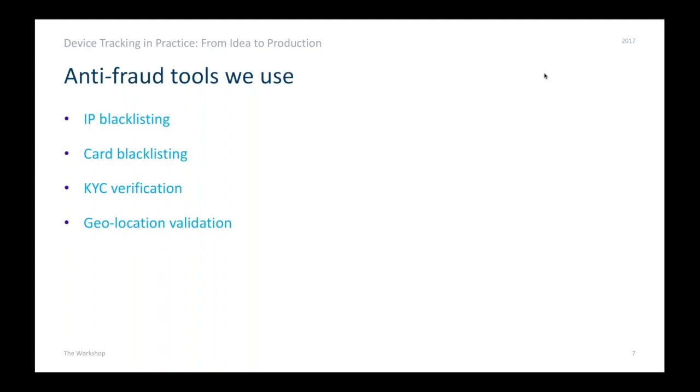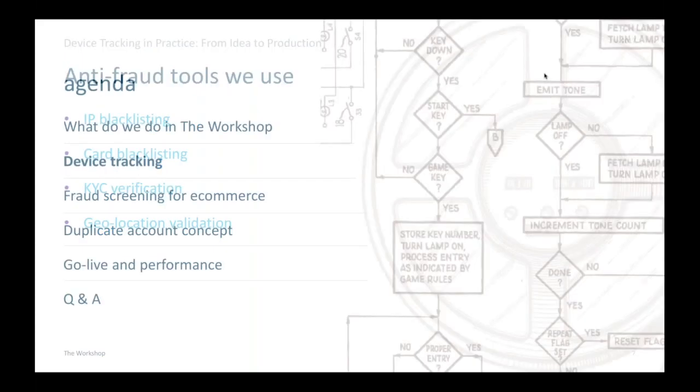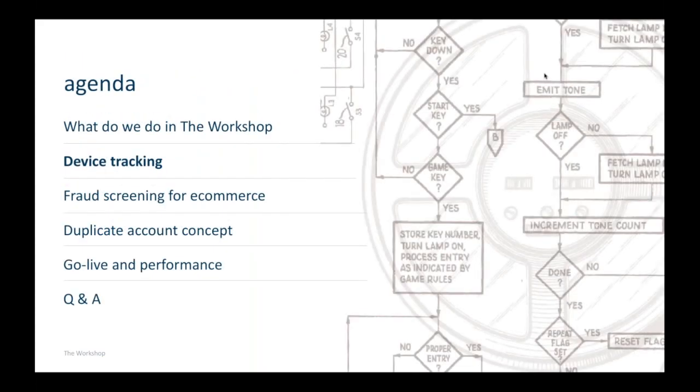Now, we wanted to have the ability to tag customers and find connections between them. So the question then was, how exactly can we identify the customer? After some research, we identified the need to track the customer's device. And here I give the word to Miguel to talk about device tracking.